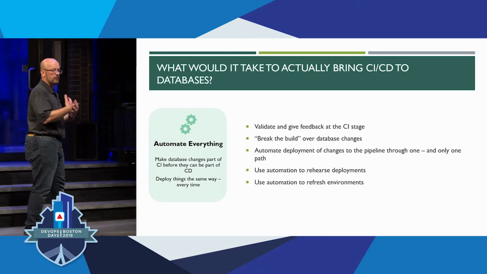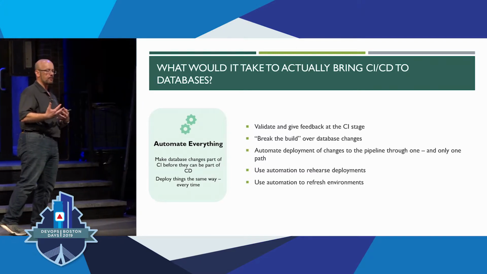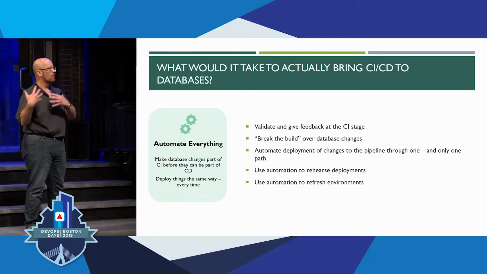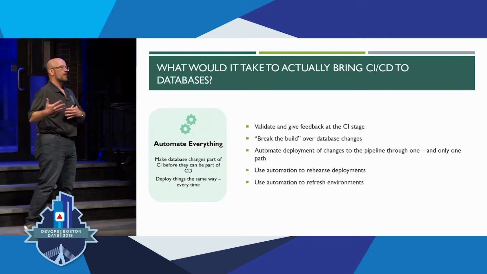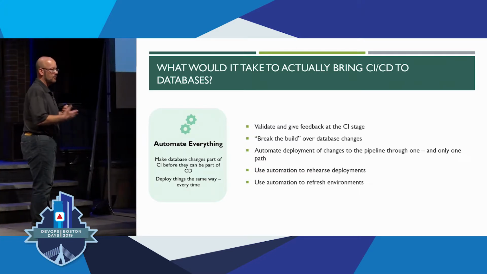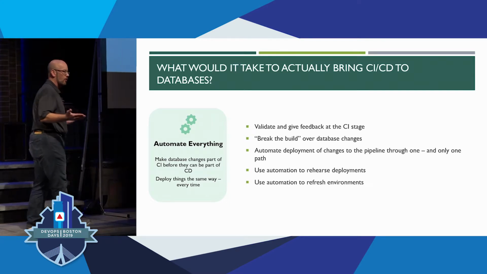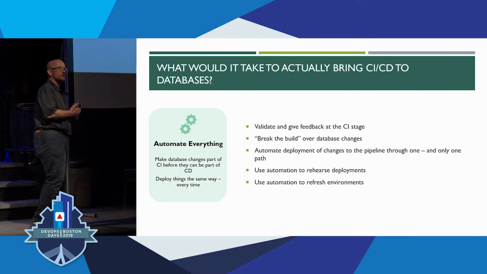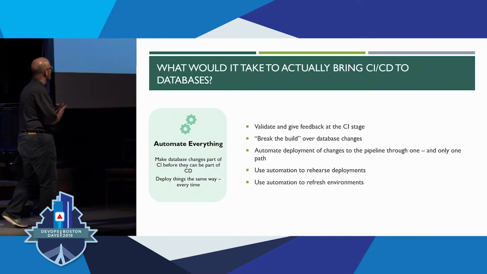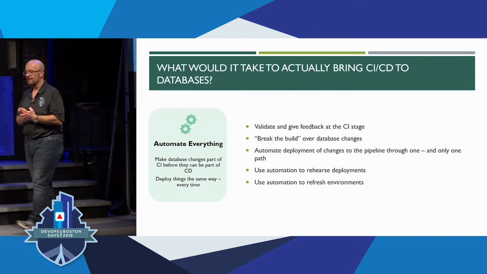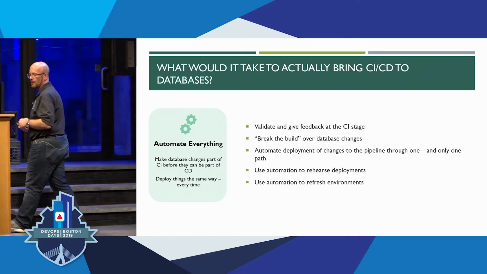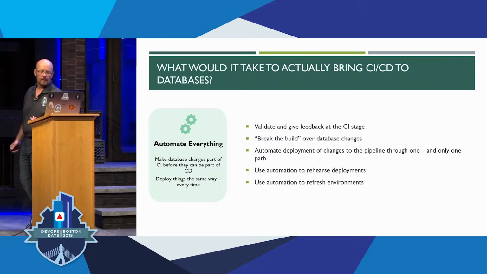We've got builds for code. How do we get something like that for our database changes and give feedback immediately to the change creator that, hey, these changes are great, or hey, these changes kind of suck? This is the very first thing we need to determine: how do we break the build over a bad database change?